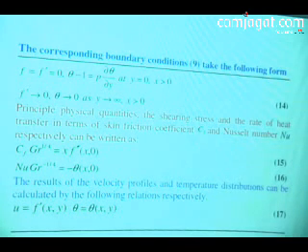Using these equations we calculate the skin friction coefficient and heat transfer, and from equation 17 we calculate the velocity profile and temperature distribution in the boundary layer.